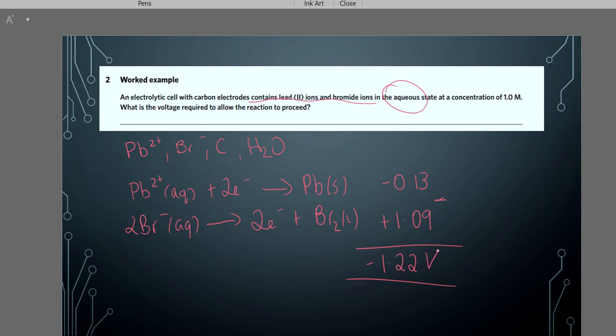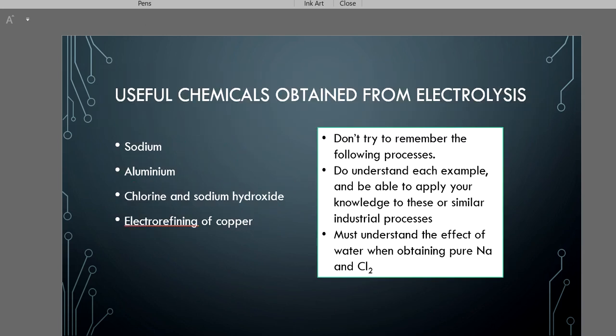So in theory, we would need at least 1.23 volts to allow this electrolytic reaction to occur, or at minimum 1.2 is what you want to be clear of.